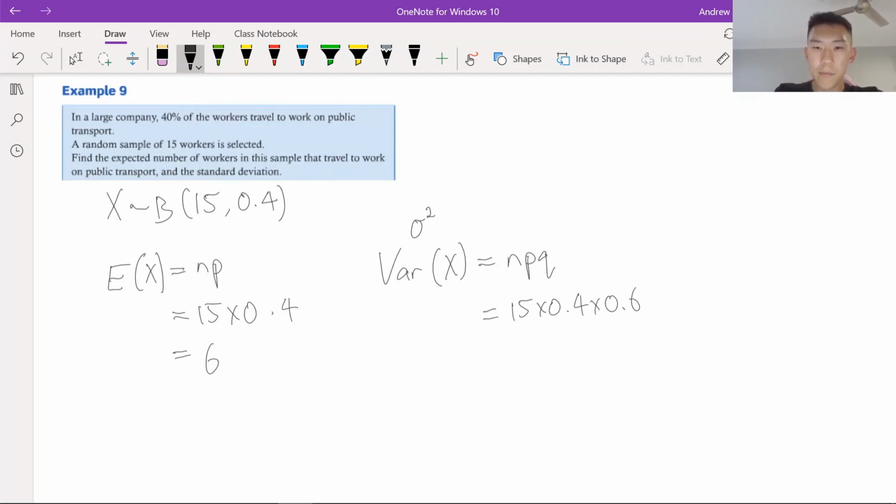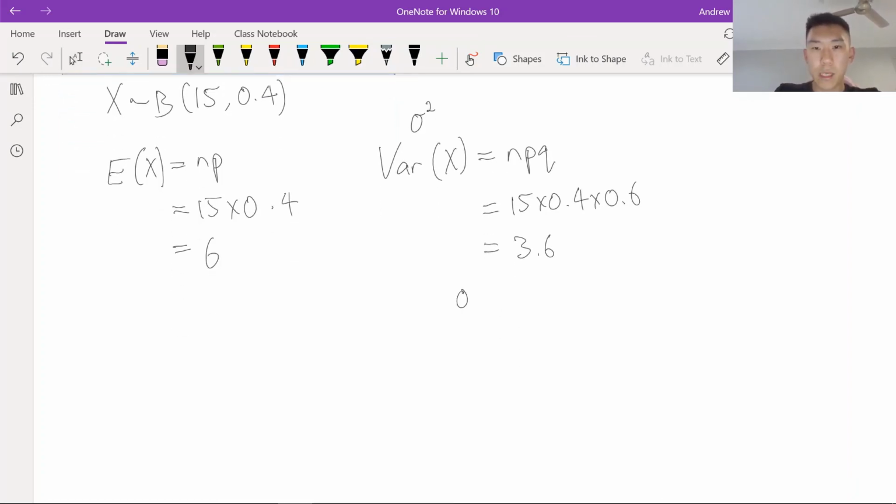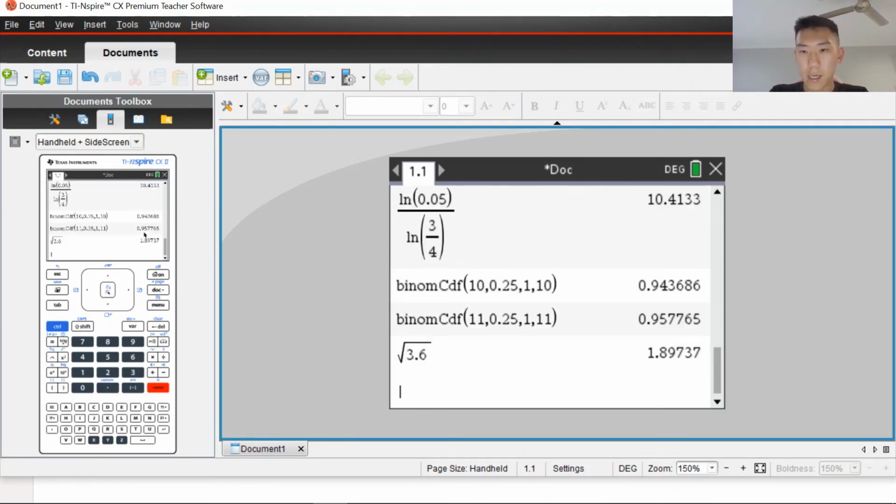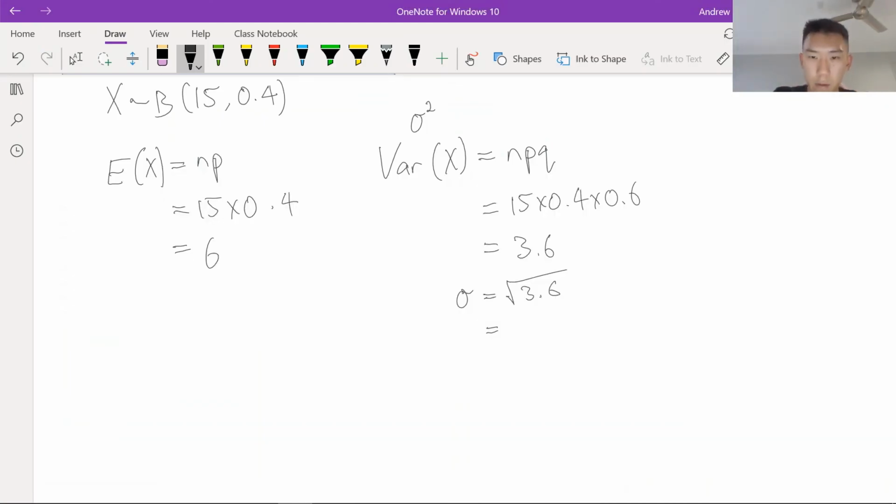So that equals 6 times 0.6, which is 3.6. But now we want the standard deviation, which is sigma, so we need to square root that. And for standard deviation, we don't want the negative value. So the square root of 3.6 is 1.897, approximately 1.9. To 3 significant figures, that would be 1.90.